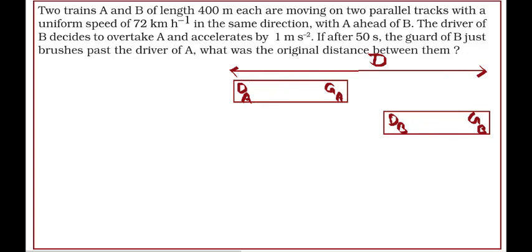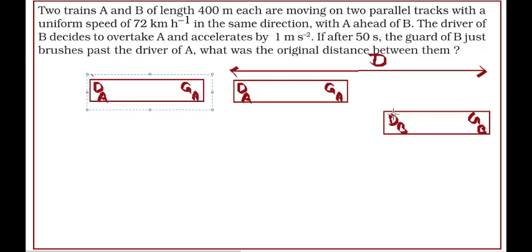Now see, both the trains are moving. After some time, train A would have gone forward, reaching somewhere here. And train B is also following. Let us mark the distance covered by the driver of train A. The driver of train A was here and moved to this point.